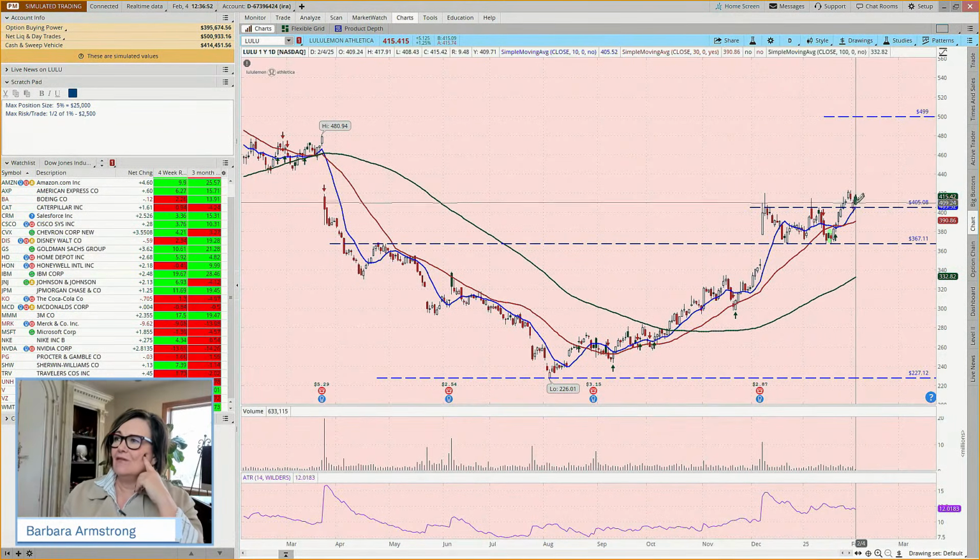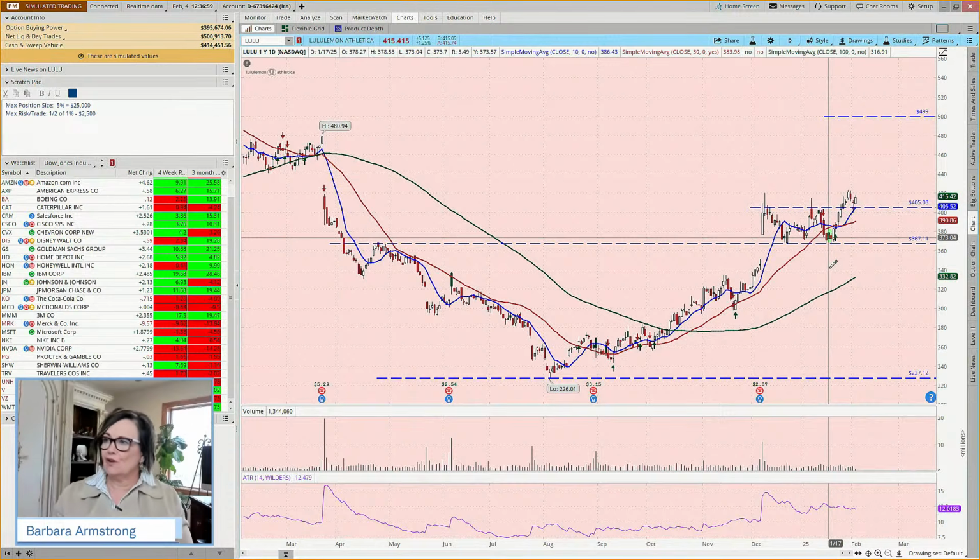No. Now, if it really takes off, do we want to move our stop up? Absolutely. But could we say, I'm going to take this 367 times 0.97? That would be 356.